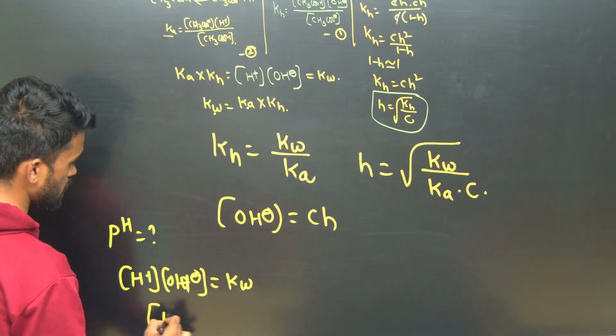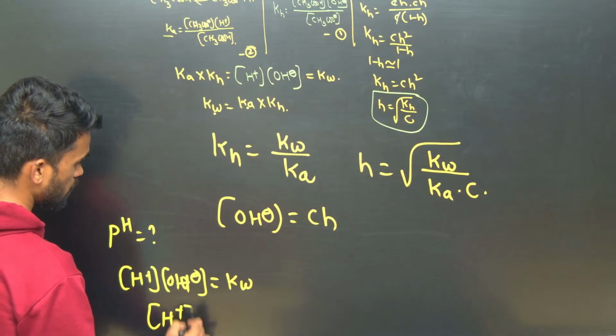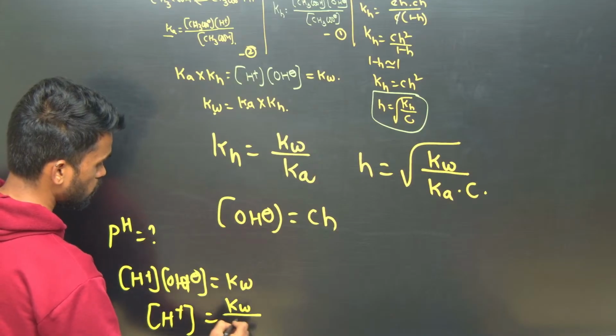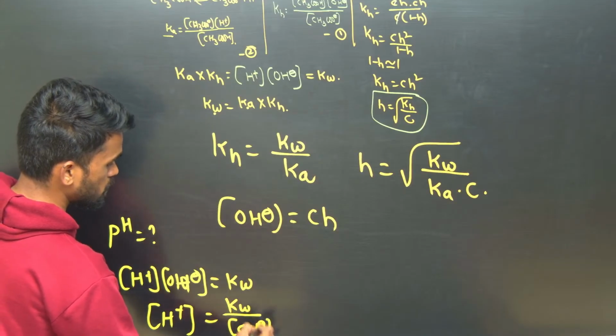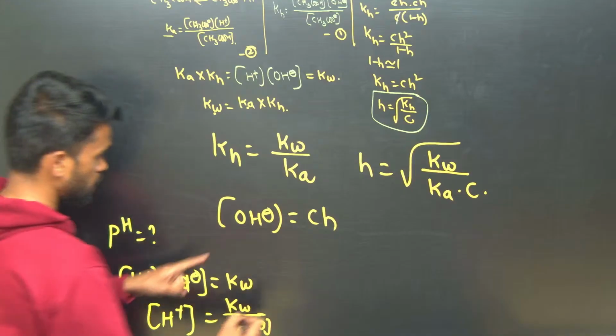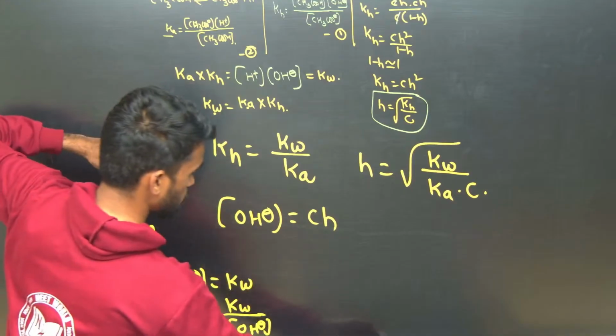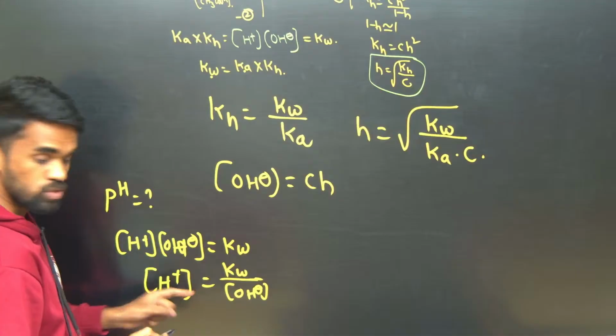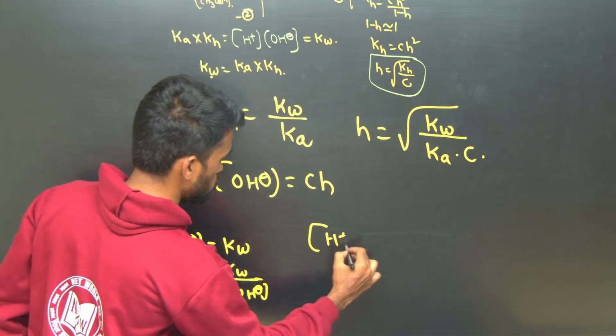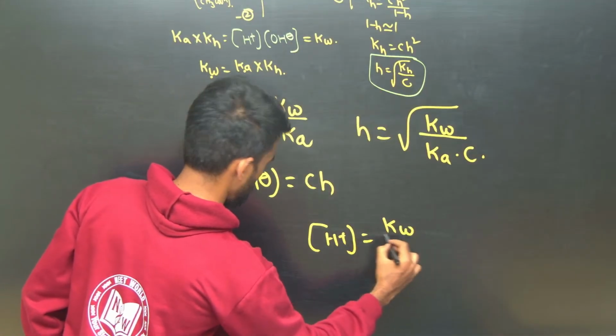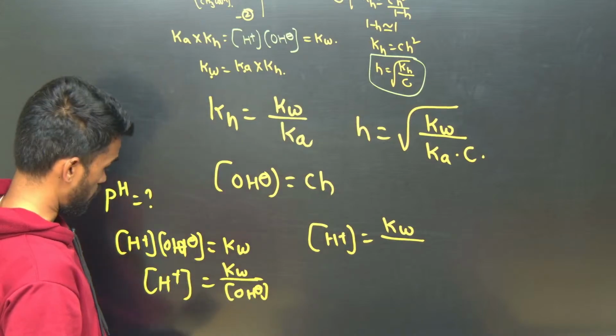So from this, if I want H plus ion concentration, I can take Kw by OH minus ion. Right. So instead of writing these, I can use this. Now H plus ion is equal to Kw by... Kw, what can I write?